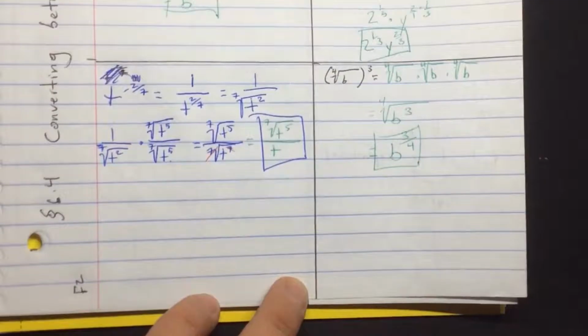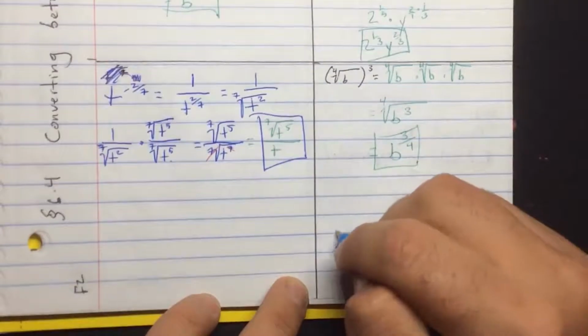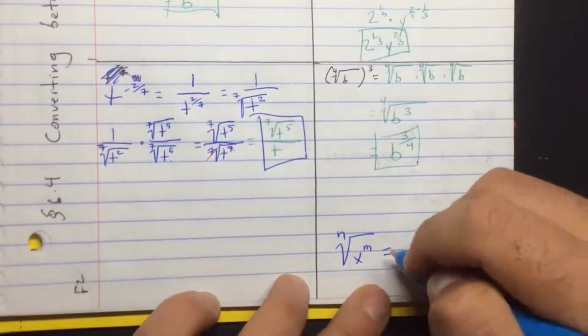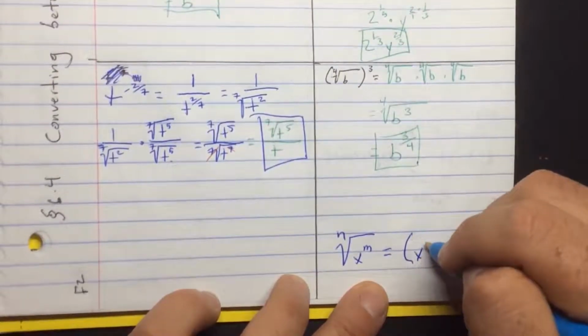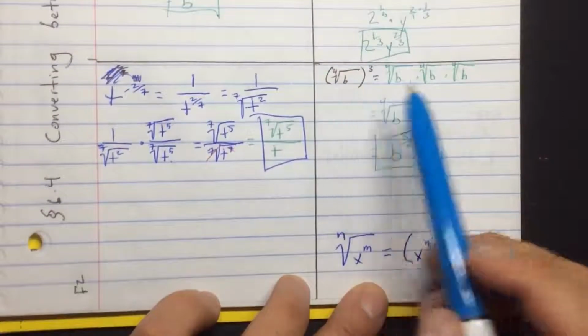It's not per se in your booklet, but I want you to know that this is how it works. The nth root of x to the m is equal to x to the m times 1 over n, which is basically what we had over here.